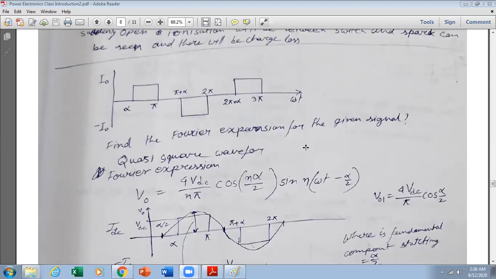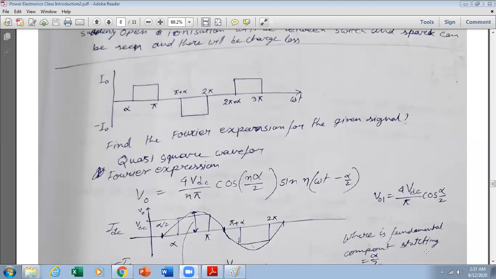So for these cases you have to think in the way of how the fundamental waveform comes, how the fundamental waveform can be obtained.